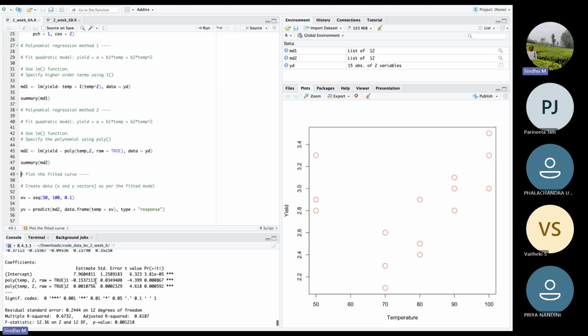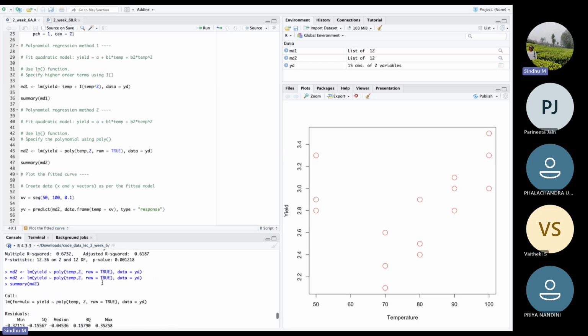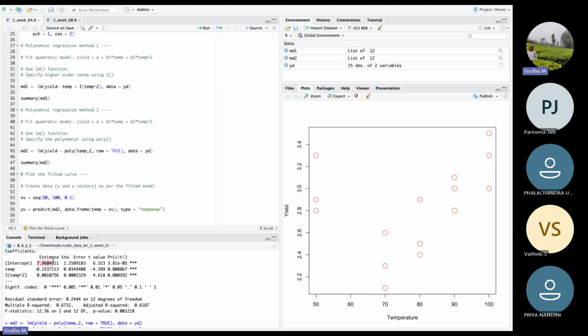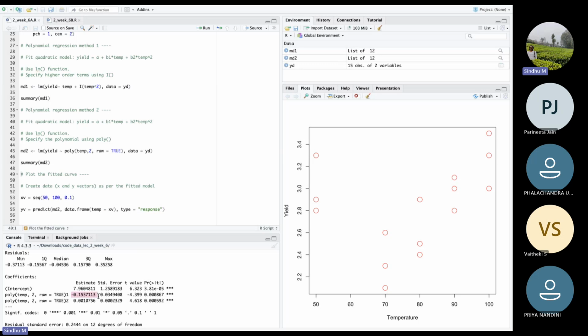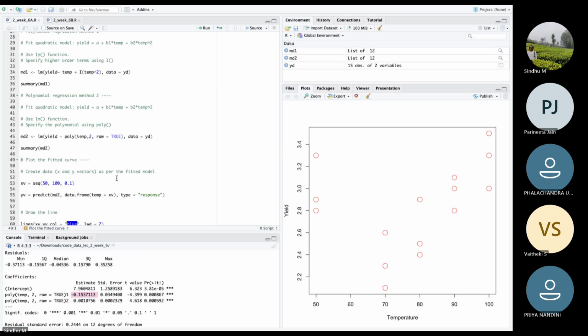If you check the estimates, the intercept with the second line of code is 7.96 something, and here also it is 7.96, and the temperature coefficient is minus 0.1537, and here also it is minus 0.1537. So we are just writing the code for the same thing in two different ways. So that's why they are the same.